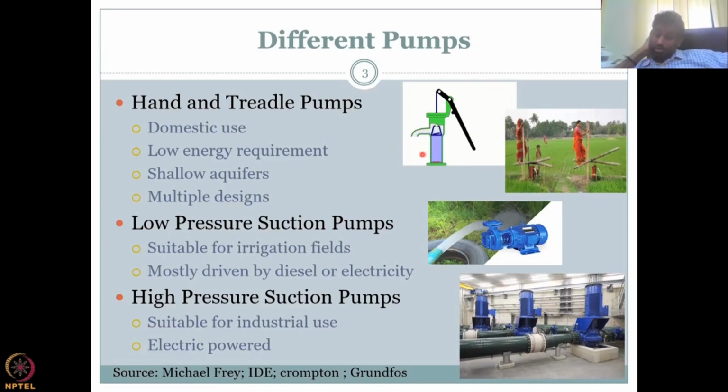The other thing is that it has a low energy requirement. It works with a shallow aquifer, which means the aquifer should be very shallow. To bring water from the underground aquifer easily using manual power, the water level also has to be very high in the aquifer, so you can easily tap it. In some systems, you could see a pipe running underneath these wells, and a water supply going through it, and this water can be pulled up using these pistons.